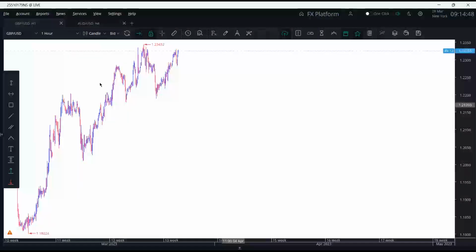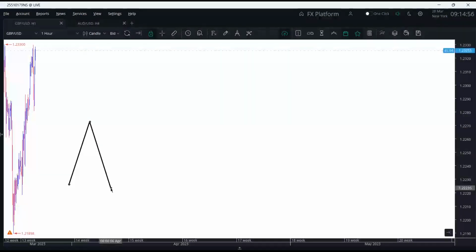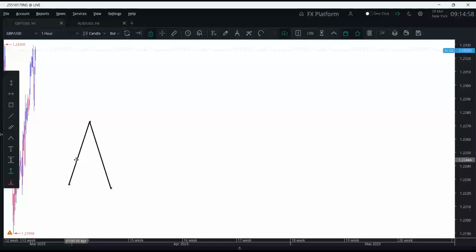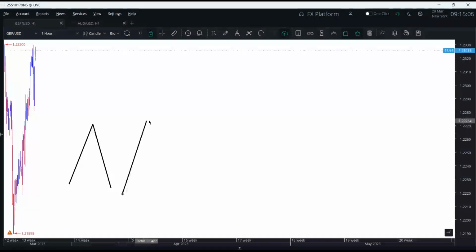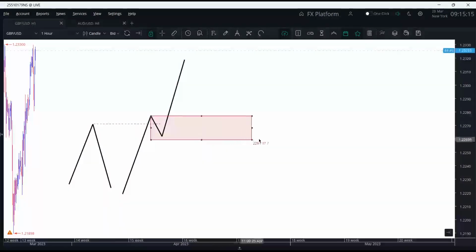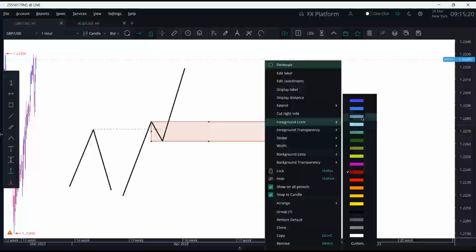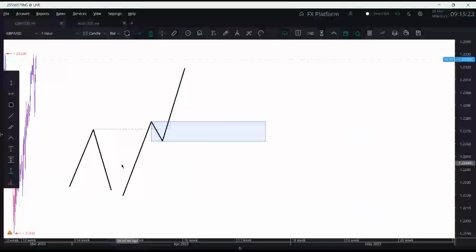Let's start with the FTR. Imagine that here we have a high, or here we have a low, we have a support and resistance right here. Well, price comes and engulfs this high, has a retrace and moves up. Here we have a FTR.